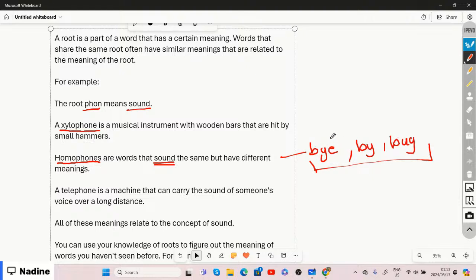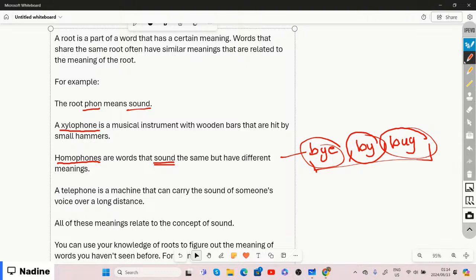Because this first word, bye, is short for saying goodbye, see you next time. Then this word by means it is near. It's like I'm sitting by the tree, I'm sitting by the shop. Then this word buy means to purchase something, right?